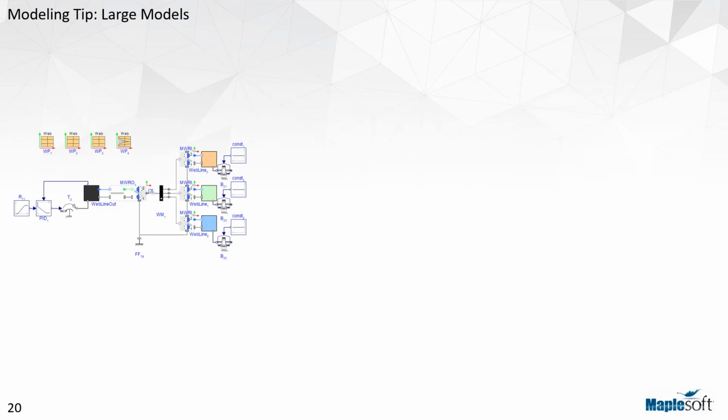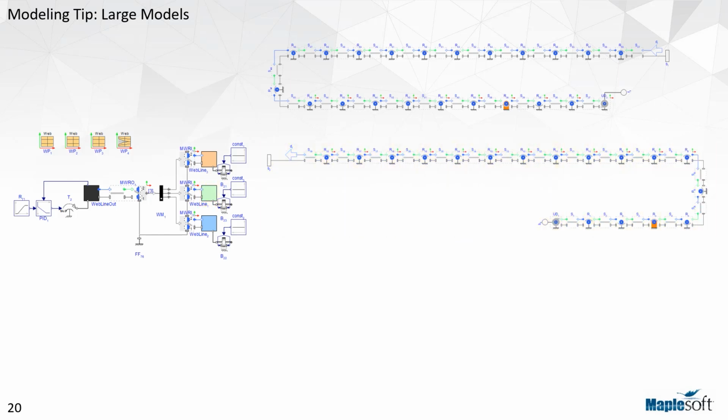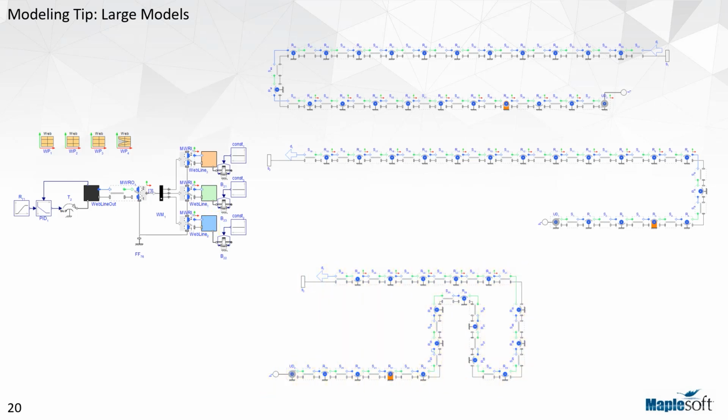To get a closer look at these subsystems, the first orange one, you can see all the rollers and webs in that line, as well as the unwind drum, and I can go through the others in the same fashion. It just shows you how you can create a more compact and neat model in MapleSim.